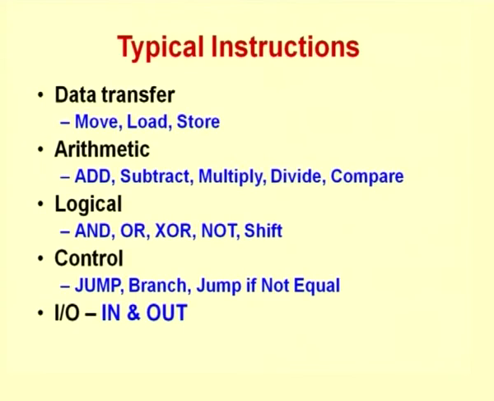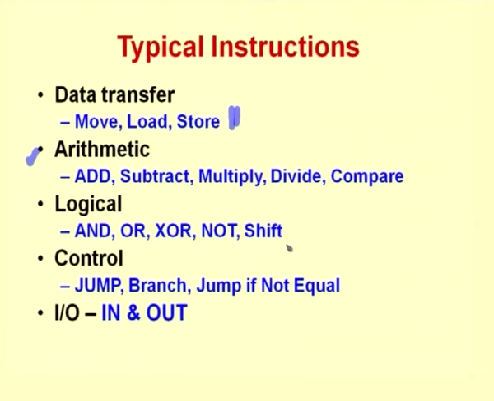Okay. So, what are the typical instructions that we have? We have already taken a look at this before, but just look at it again to check our understanding. So, we talk about data transfer instructions, instructions like move, load, store and so on. Then we talk about arithmetic instructions, which are like add, subtract, multiply, divide, compare and so on. Then we talk about logical instructions, which perform logical operations such as AND, OR, XOR, NOT, shift.